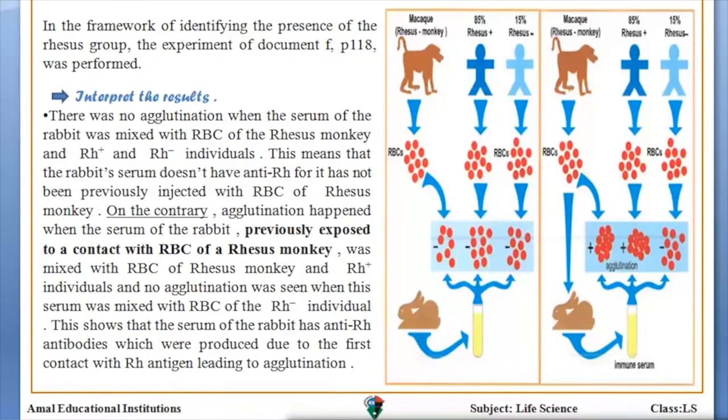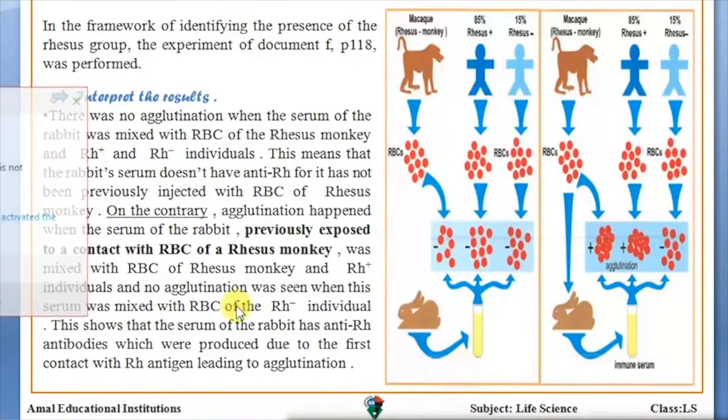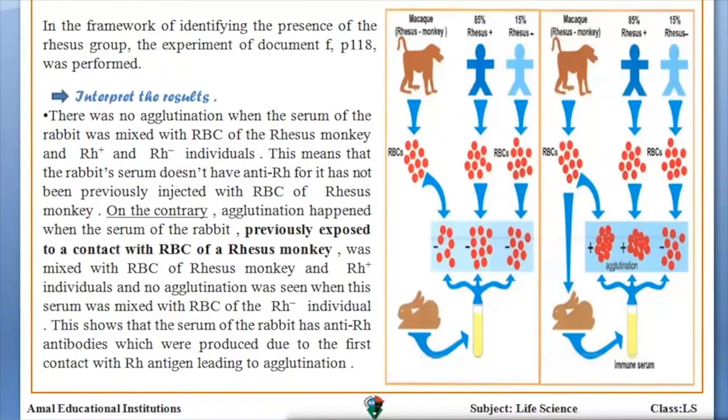As you know by now, when we are talking about serum, we look for antibody, and when we talk about agglutination, this implies that there is a binding between the antibody and the antigens found on the red blood cells. So let's take these notions together and try to explain the results that is revealed in these 2 sets of experiments.